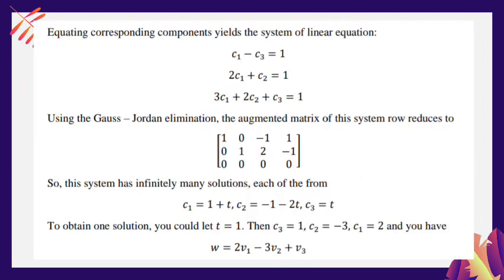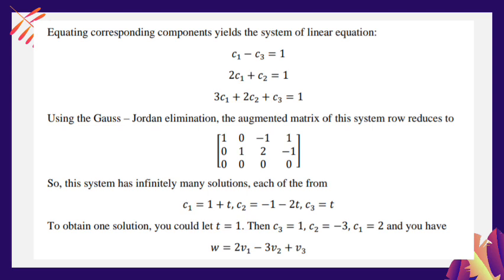And then, equating corresponding components yields the system of linear equations, which equals (1, 1, 1), vector W as a linear combination. So, c sub 1 minus c sub 3 equals 1, 2 c sub 1 plus c sub 2 equals 1, and 3 c sub 1 plus 2 c sub 2 plus c sub 3 is equal to 1.